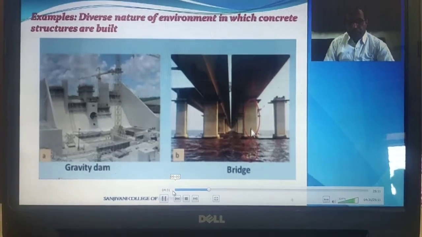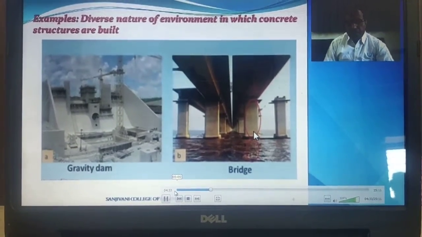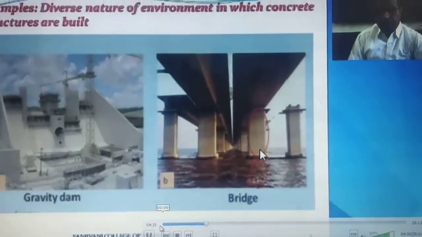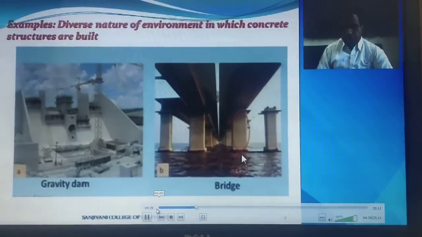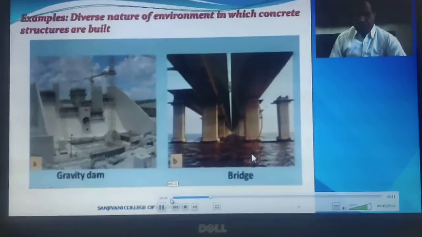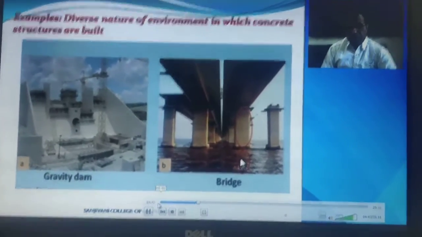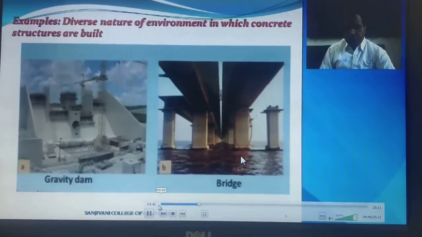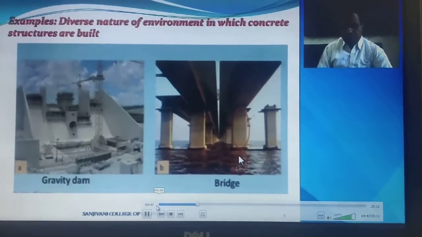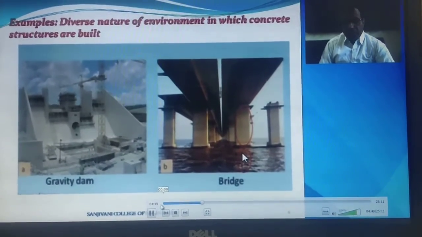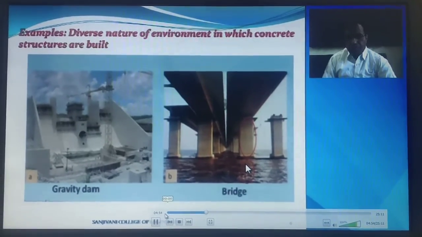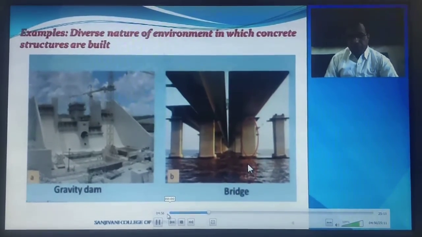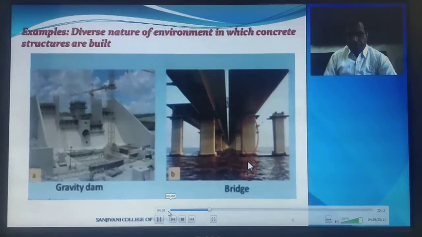Sometimes the pier is subjected to cyclic action of wetting and drying, and some part of the pier below the water is always submerged, and the foundation, which is resting on the bed of the sea or the bed of the river, has a different environmental exposure.